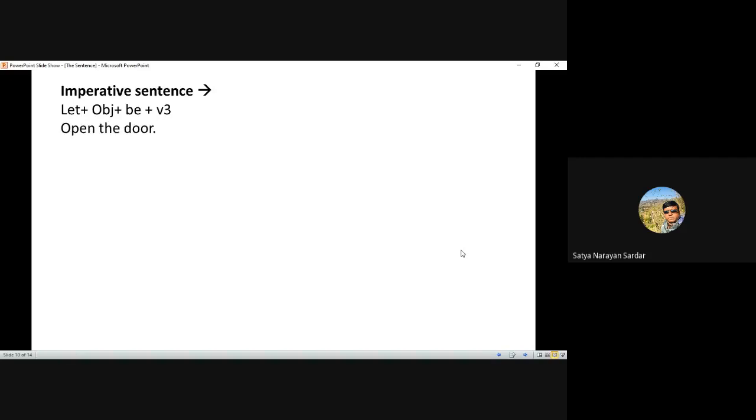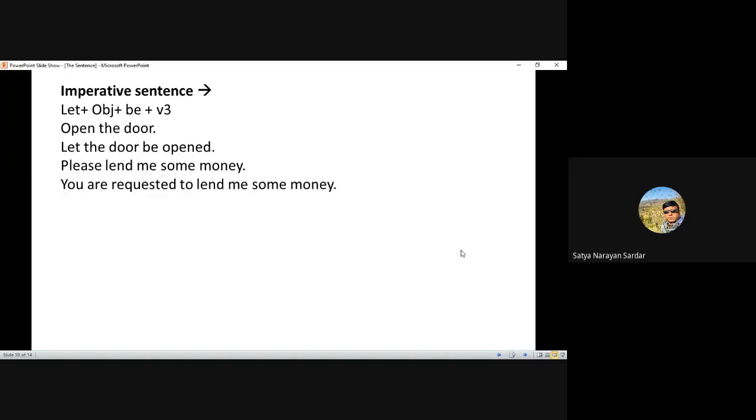Open the door means let the door be opened. Please lend me some money. For this, you are requested to lend me some money. If you find the use of please in the statement, you have to start from you are requested.